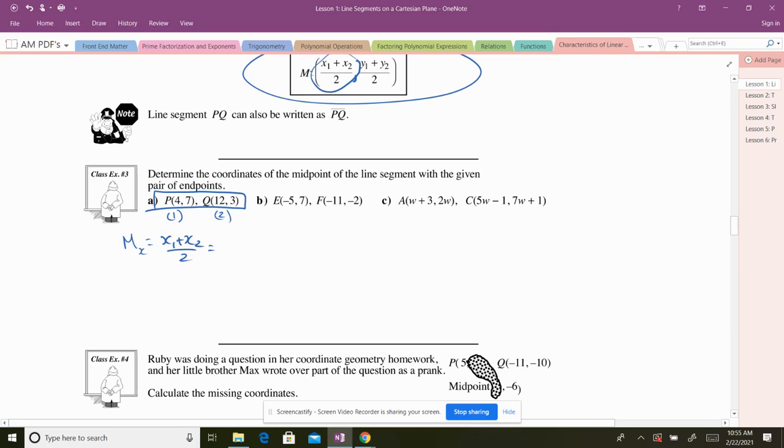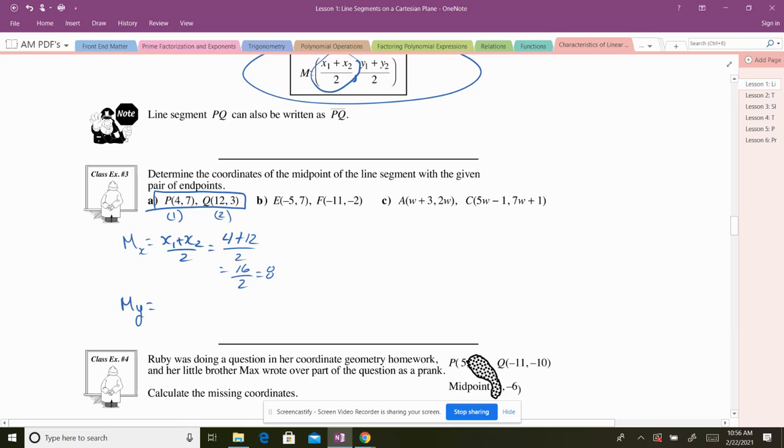What is X1? 4. Plus, what's 4 plus 12? What's 16 over 2? 8. That's the x-coordinate of the midpoint. Now we have to do the y one.